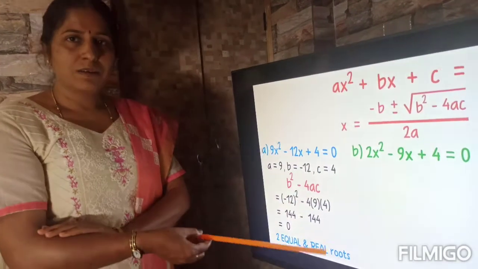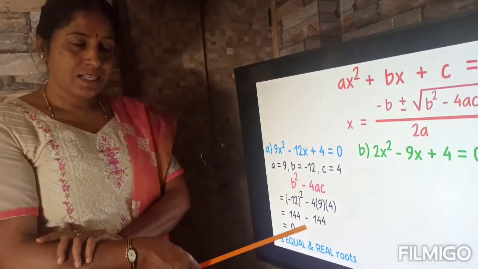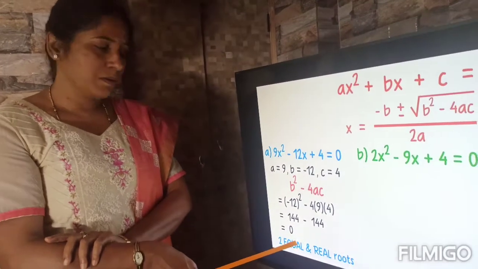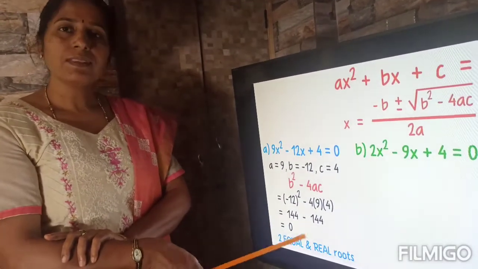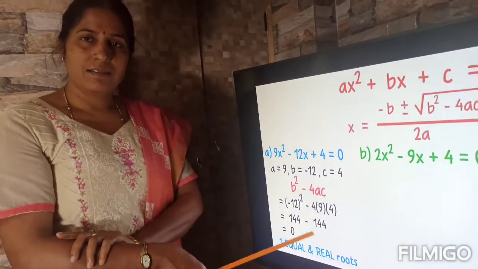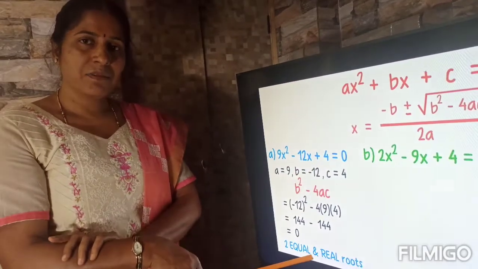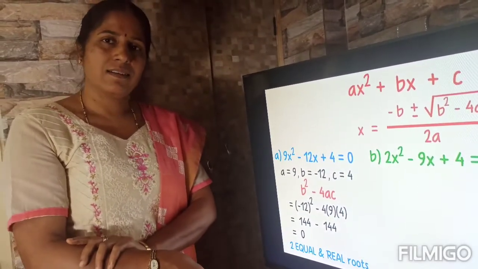I told you the properties of the nature of the roots, no? Those conditions: if it is equal to 0, what will be the nature of the roots? Equal and real. Now for this equation, the nature of roots are equal and real.